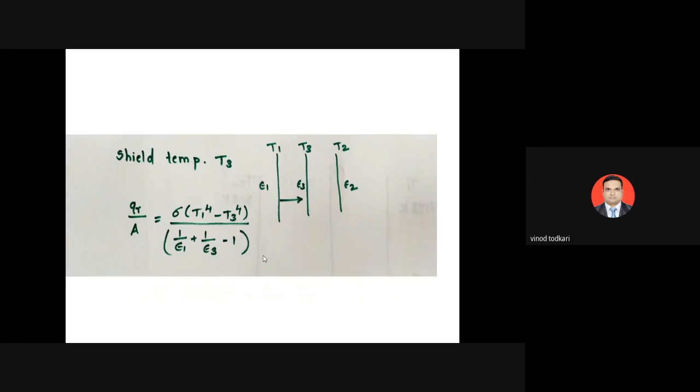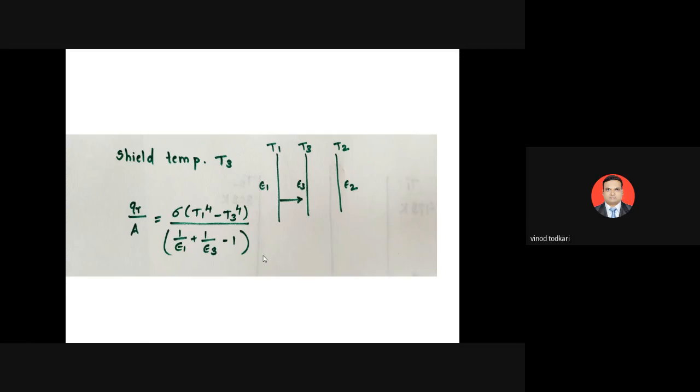Then the second part of the question was that we were supposed to find the shield temperature. So how have we calculated the shield temperature? We have calculated it using electrical analogy from 1 to 3. If I apply electrical analogy from 1 to 3, what can I write?